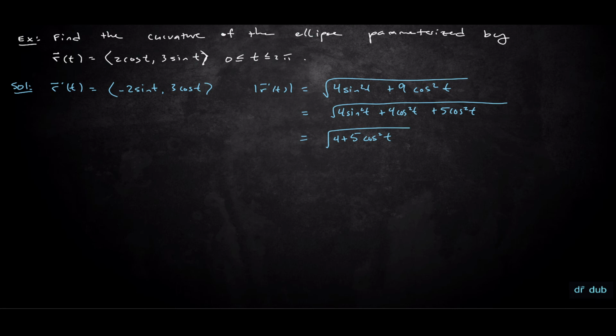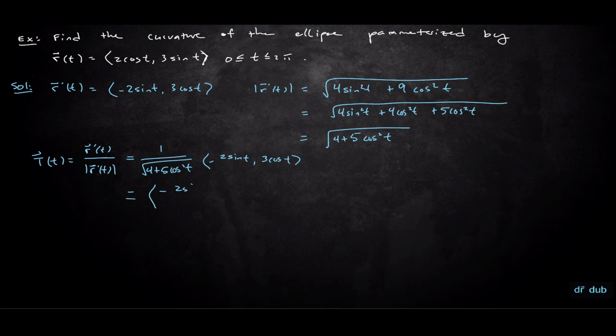Eek. So capital T is going to be r prime of t over the magnitude of r prime of t. So that's going to be 1 over the square root of 4 plus 5 cosine squared t times negative 2 sine t comma 3 cosine t. Yeah, this is getting nasty.